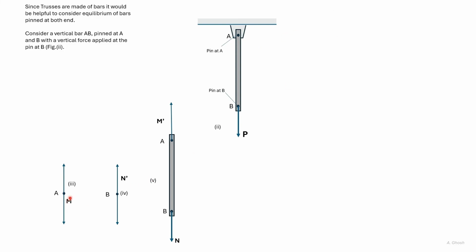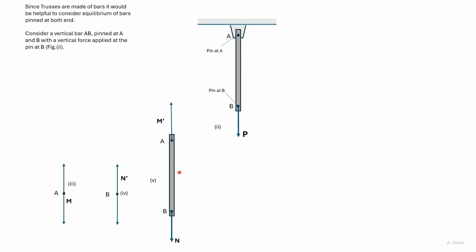So at A, the pin A is being pulled by the bar AB, and it is also being pulled upwards by the bracket. At B, the pin is being pulled by the force P, and it is also being pulled by the bar AB.